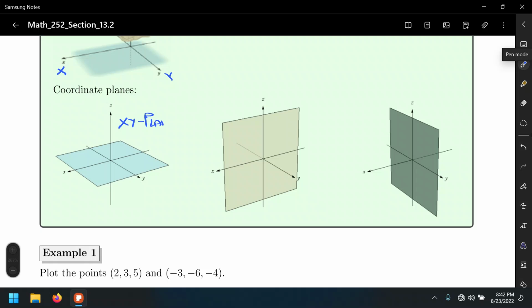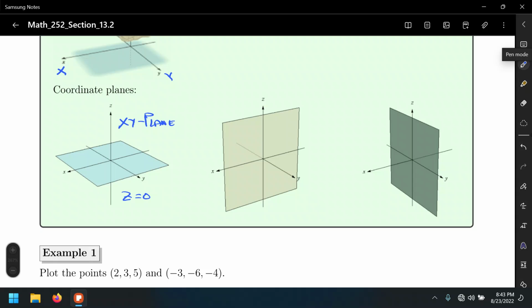If we were to describe the points that live on that XY plane, we're no longer going to use ordered pairs, we're going to use ordered triples. These ordered triples will have z equal to 0.